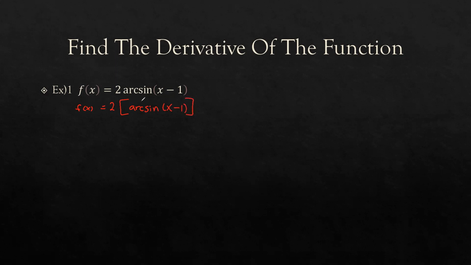Really we just got to take the derivative of this bracket thing and then bring down the 2. So what is the derivative of this? Well, what I do know is the derivative of arc sin is x prime, or first derivative, over the square root of 1 minus x squared.